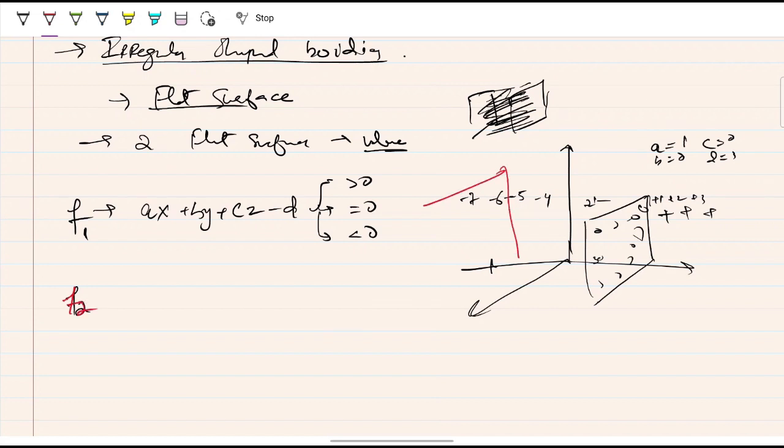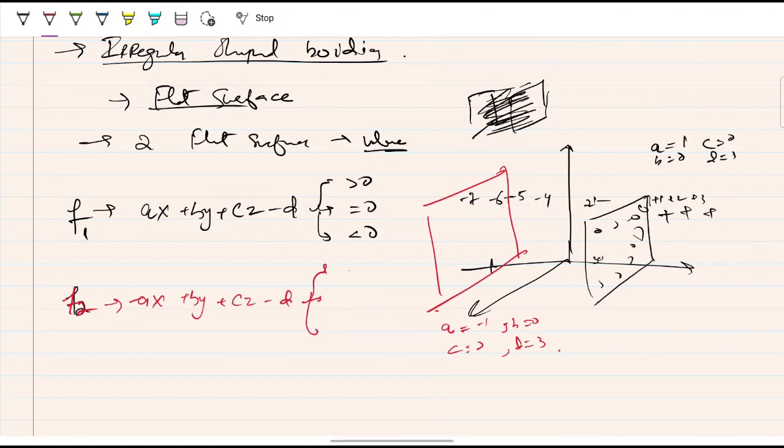Let us put it here, and its coordinate vector we can give as a minus 1, b 0, c 0, d is 3. For this we can write an equation, so minus ax, the rest is the same. It will also take three kinds of values: greater than 0, less than 0, and equal to 0. For this one, positive would be on this side, 0 would be on the surface, and negative would be on this side, minus 1, minus 2.